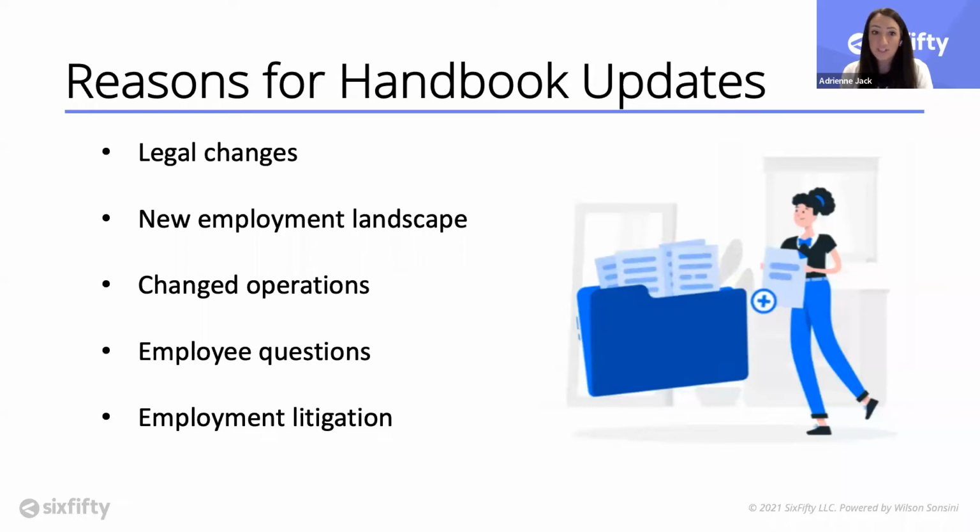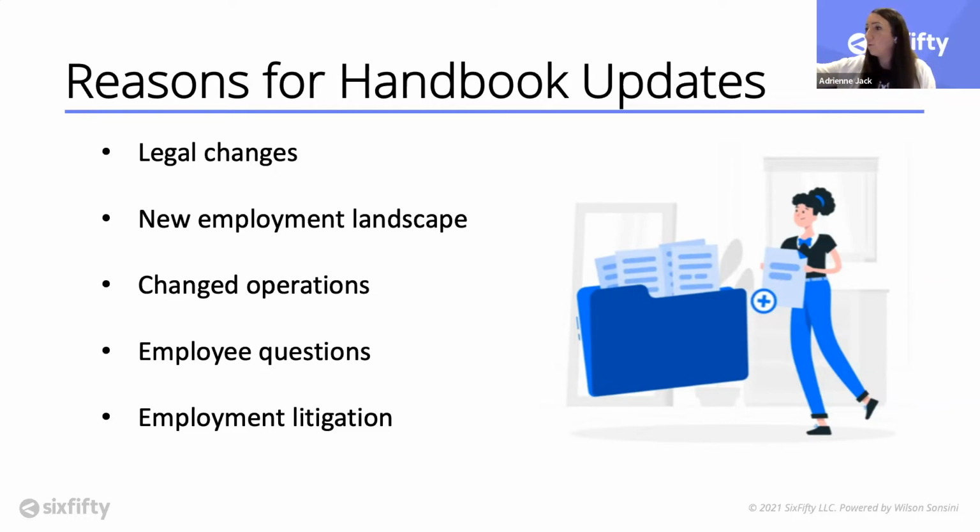And then an unfortunate time to update the employee handbook is as a result of employment litigation. So if a company is sued for an employment issue and then realizes that the employee handbook could help clarify or reduce this problem, that's a time that we see companies updating their employee handbook. But obviously it's hopefully one that you can avoid by proactively updating your employee handbook and avoiding employment litigation.